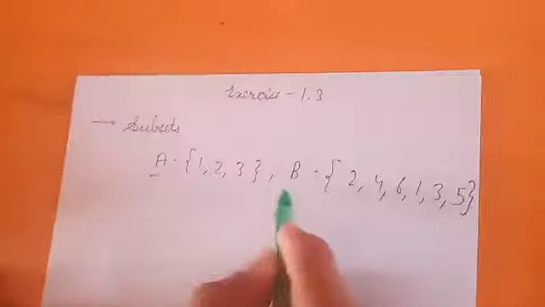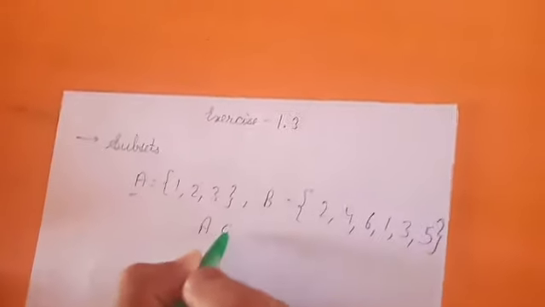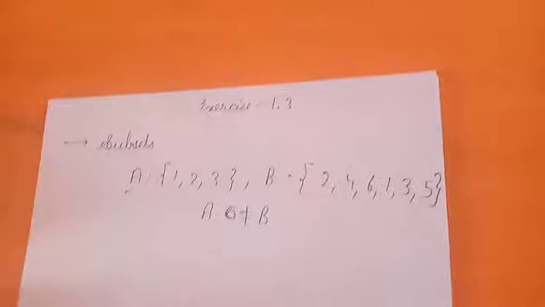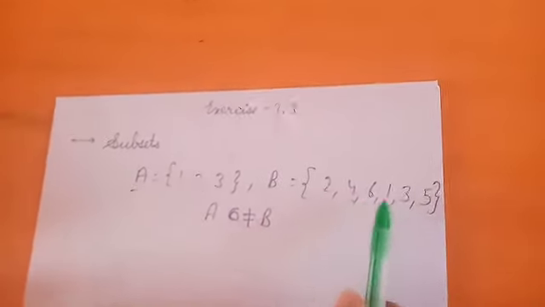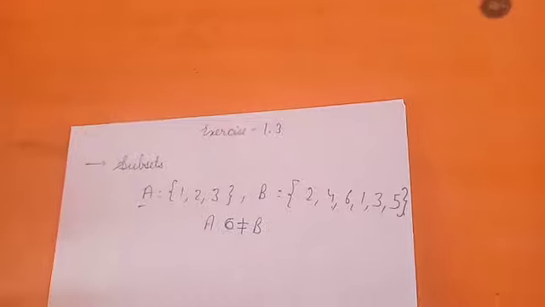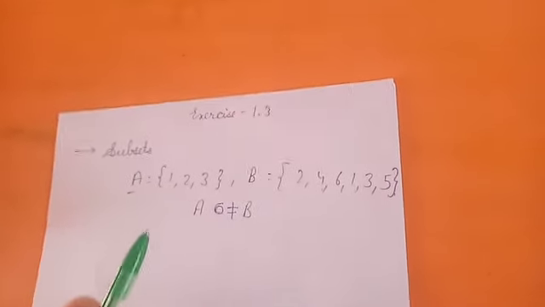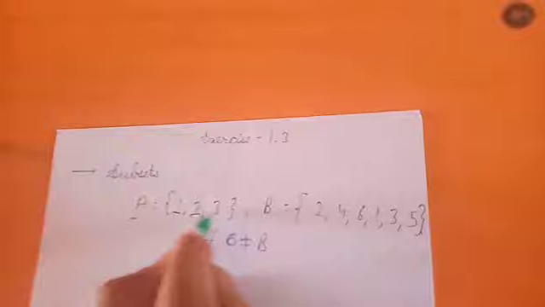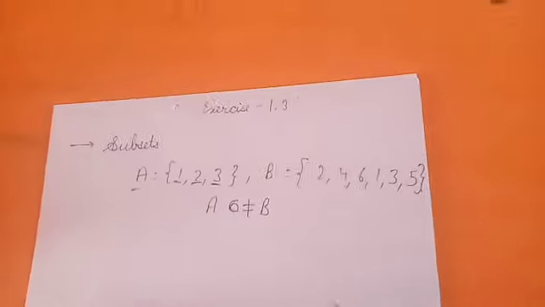Now you can check that A is not equal to B, because 4, 6, 5 are the terms that are not contained in A but in B. But you can check that every element of A is in B.